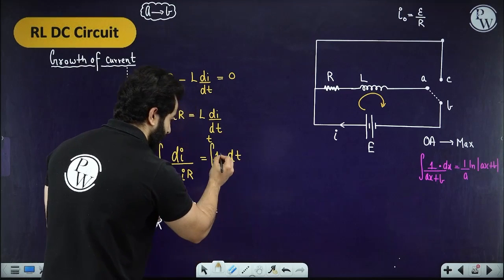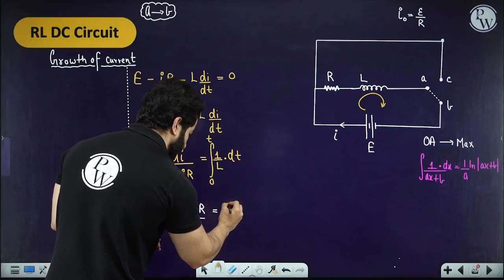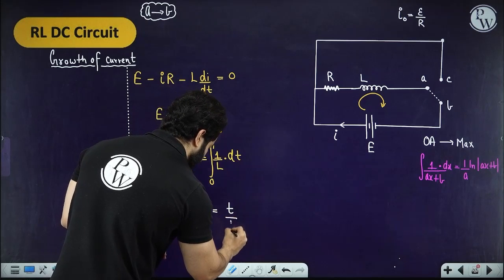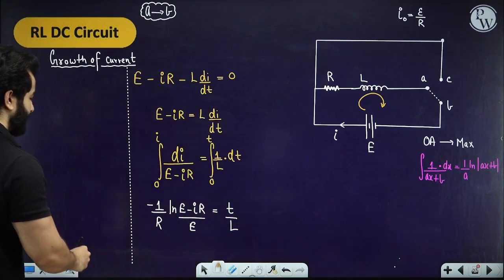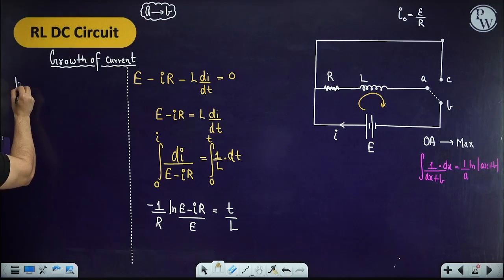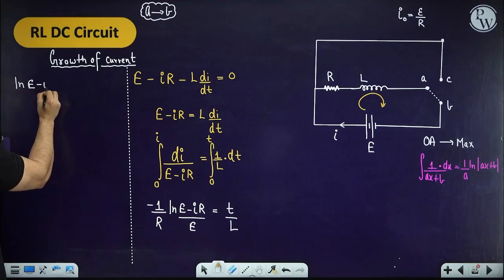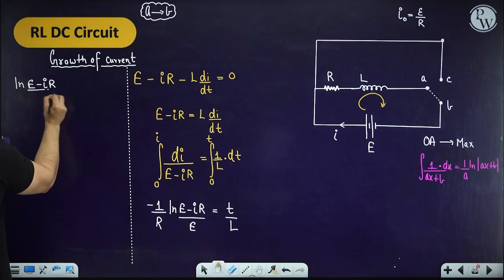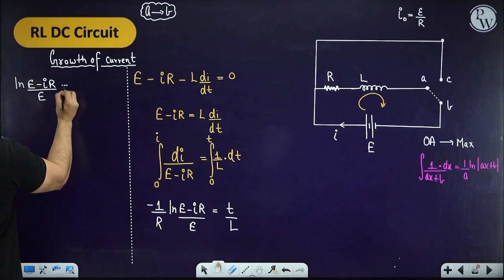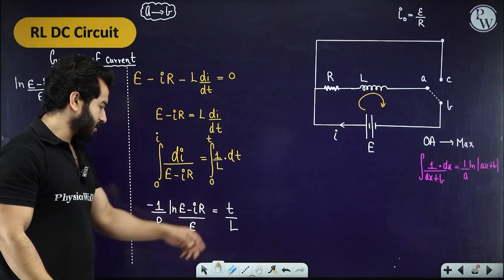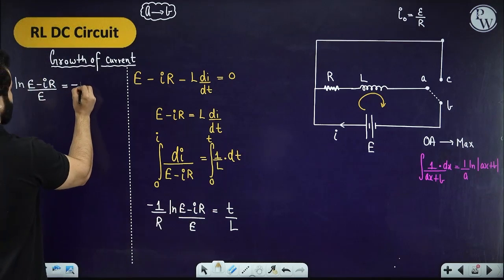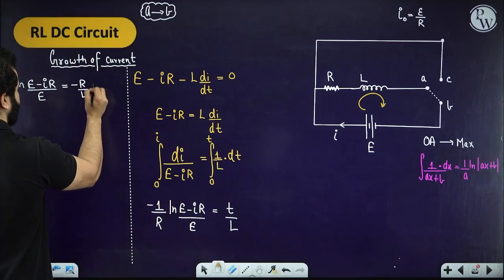Equals to integration of 1 with respect to t would be t, so it would be t divided by L. Next step could be natural log of (E minus IR) divided by E equals to, I can transpose this minus R to the other side, so this will become minus R by L into t.